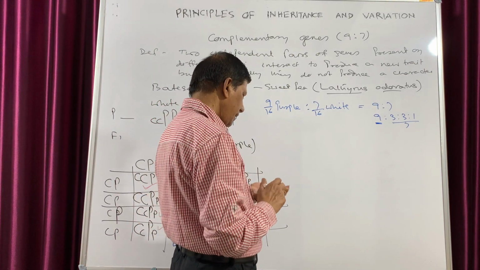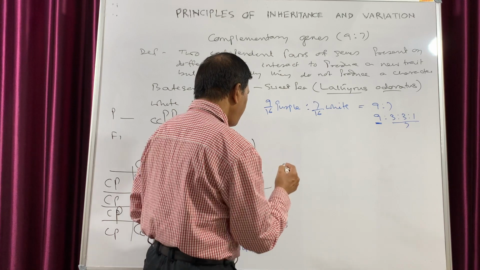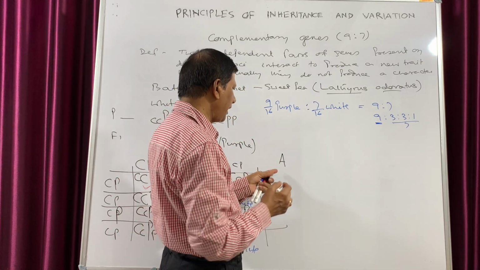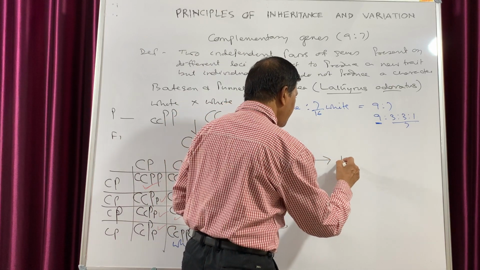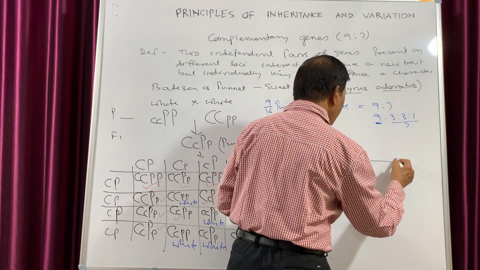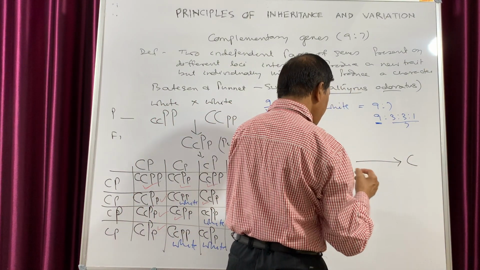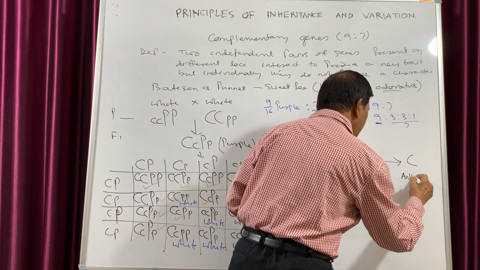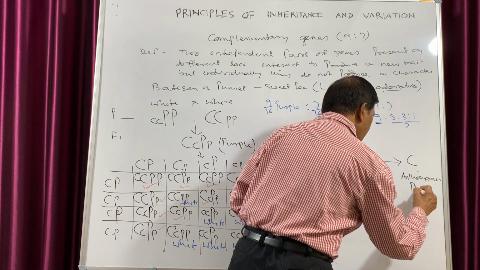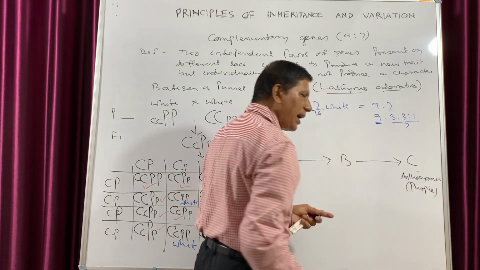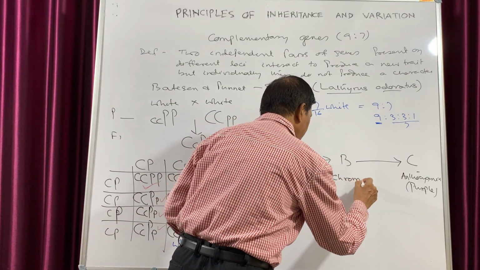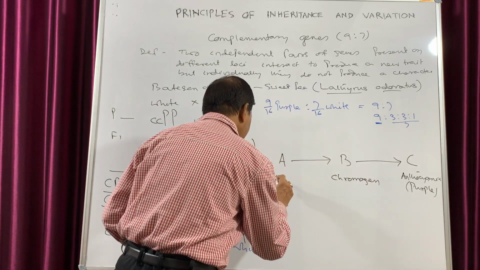Suppose the raw material is A. This raw material will be converted to the intermediate product, which is B, and the intermediate product will be converted to C, and this C is anthocyanin pigment, which is purple in color. The precursor of anthocyanin pigment is chromogen. And this is the raw material.